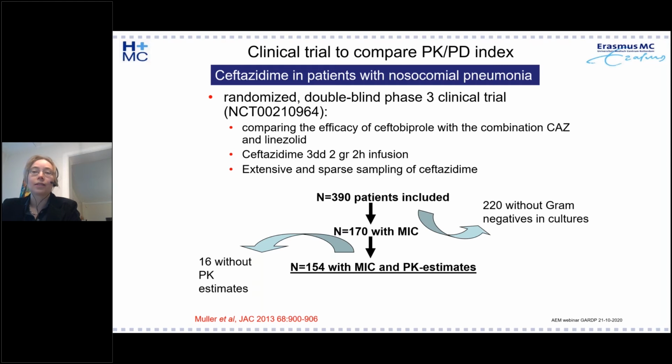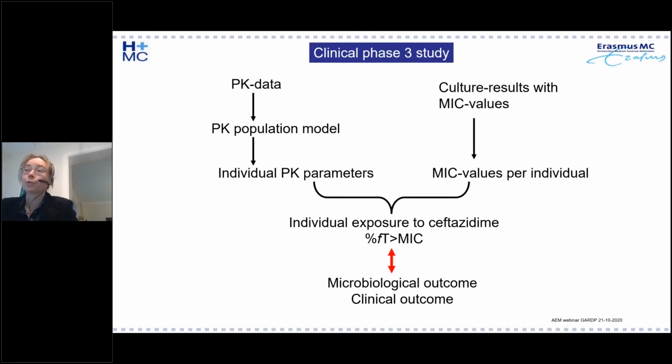We had in total 390 patients included, of which we threw out all the patients who did not have gram negatives in their culture. There were 170 left with MICs, and we had many patients with MIC values of the cultures.